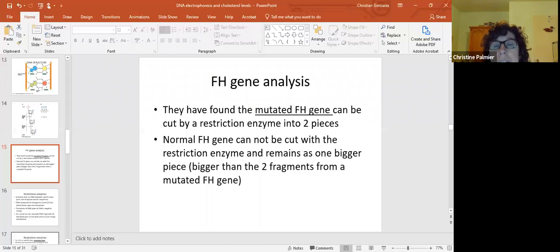The normal FH gene, which does not cause high cholesterol, cannot be cut with the restriction enzyme and remains as 1 bigger piece. It's bigger than the 2 fragments from a mutated gene. However, those 2 fragments from the mutated FH gene should add up in size to the uncut DNA of the normal FH gene.